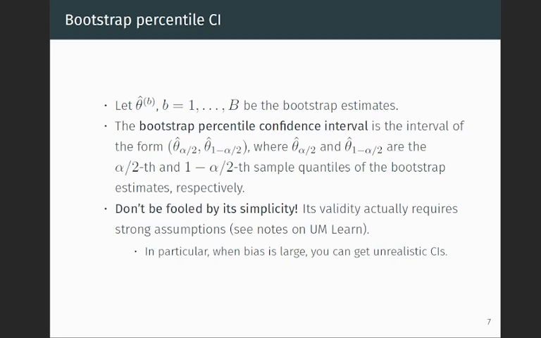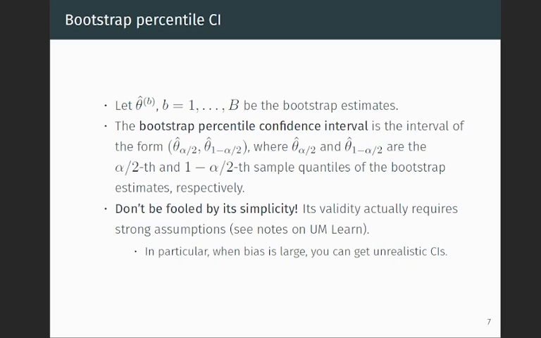So this is very simple. You'll see later that we can do this using the quantile function in R. And it's very simple. But don't be fooled by the simplicity. Its validity actually requires some strong assumptions. We won't go into details here because I'm going to show you better confidence intervals. But if you're interested, you can look at the extra notes I posted on UMLearn.